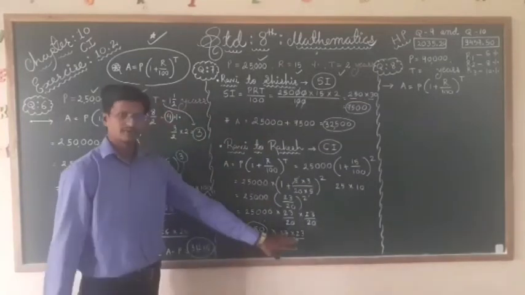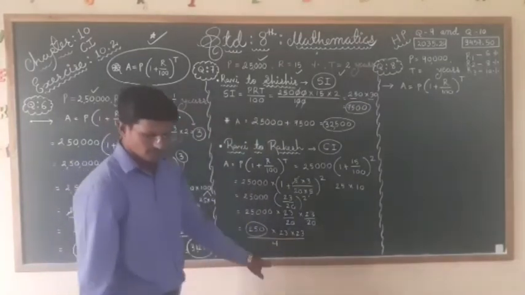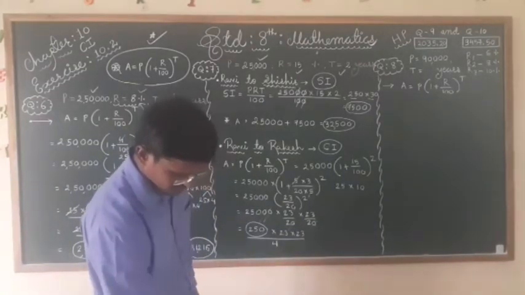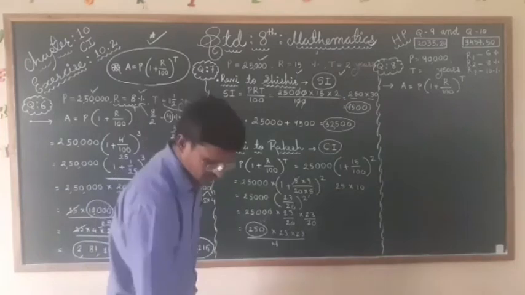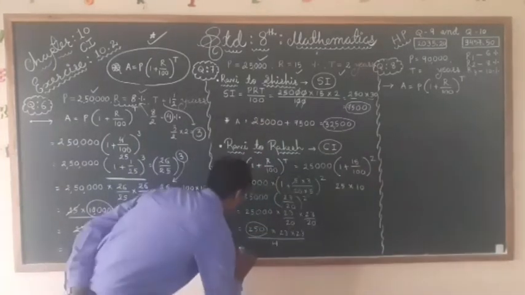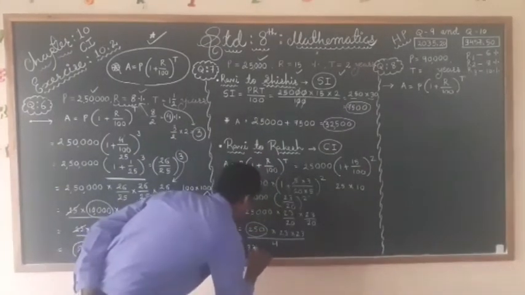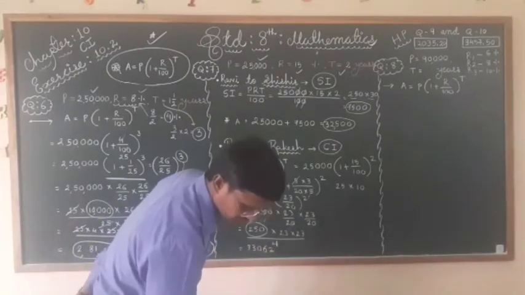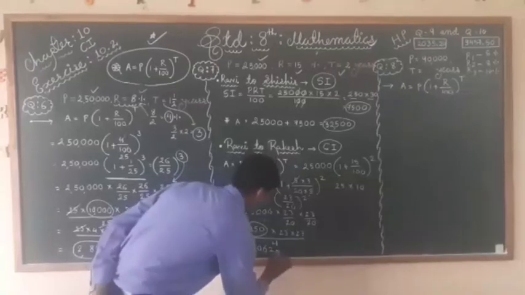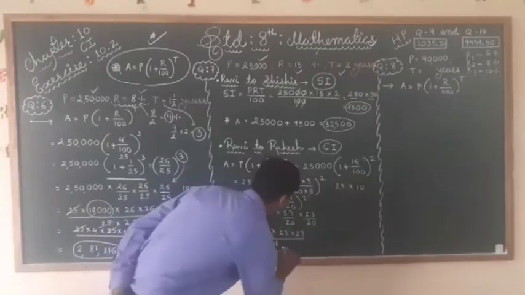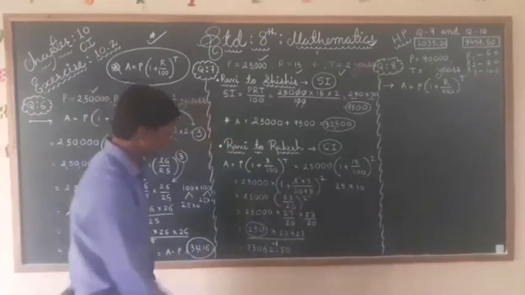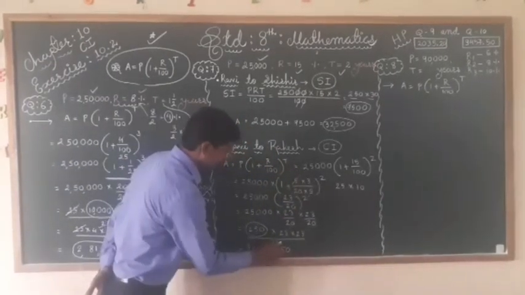But you can do direct multiplication and divide by 4. The answer you will get is 33,062.50. You will get this answer after doing the multiplication.